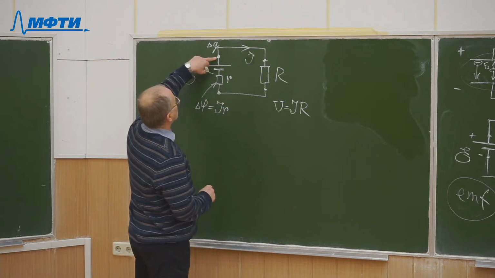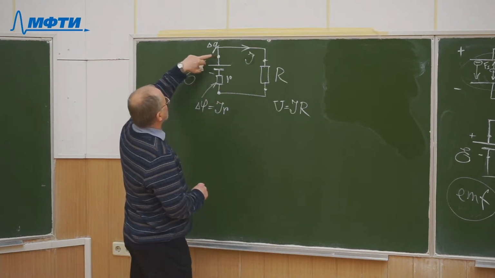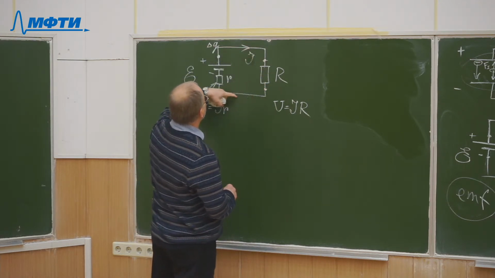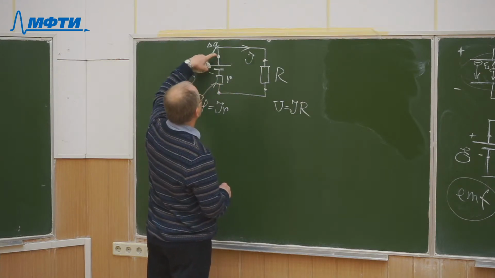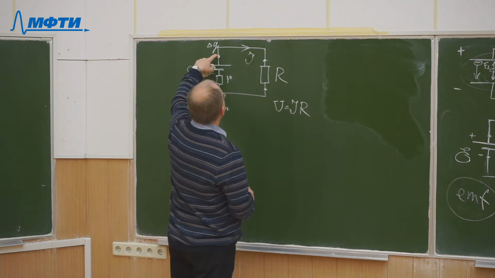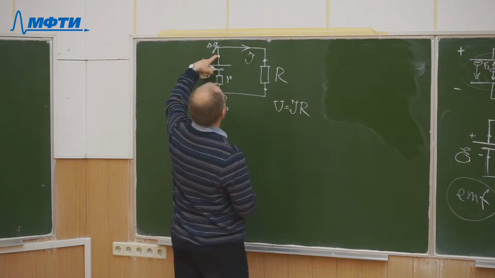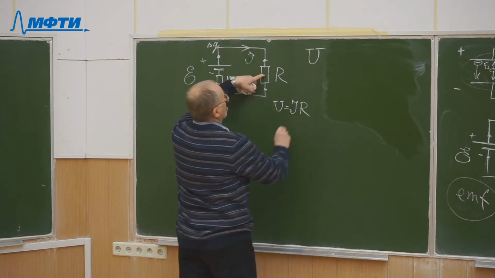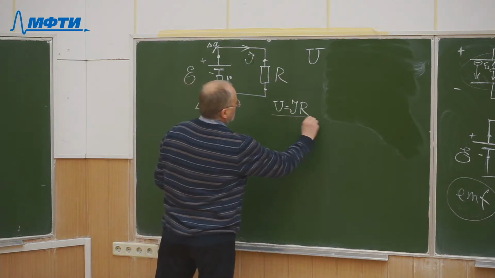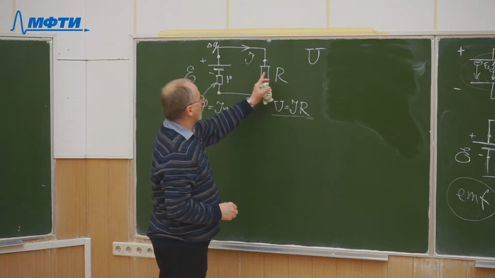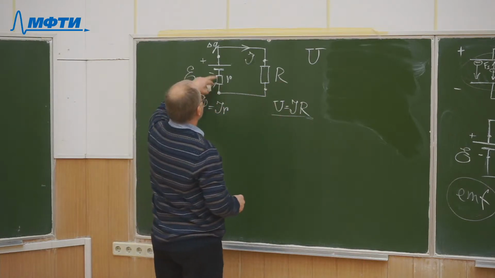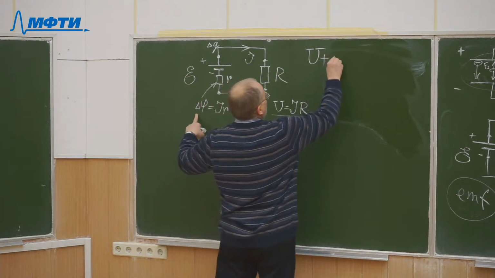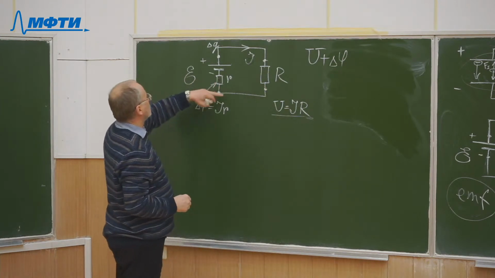The potential of this point does not depend on whether we move from this point to the external circuit or whether we return from the external circuit to this point. The potential must be the same. So the potential difference, if we count from this point, here it will be U, which according to Ohm's law is proportional to the current and the resistance. And then there will be delta P, the potential difference on the internal resistance.